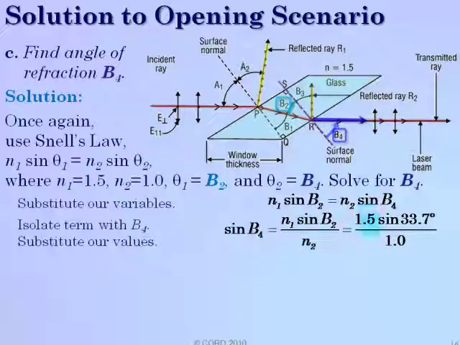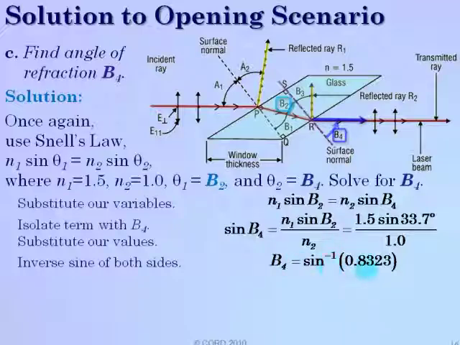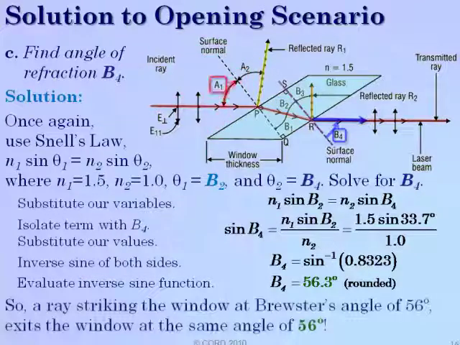And we can substitute our values for N1 and N2 and our angle for B2, and we'll determine that the sine of B4 is equal to 0.8323. If we take the inverse sine of both sides, then B4 will equal the inverse sine of 0.8323. Again, using your calculator with the inverse sine function, you can find that B4 is equal to, oh, there's a number we've seen before, 56.3 degrees.